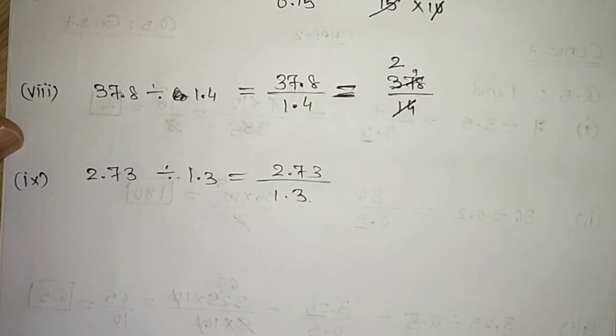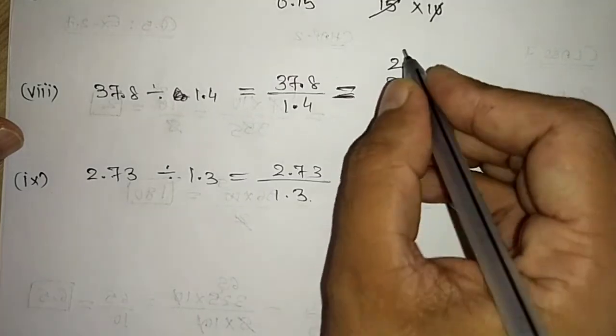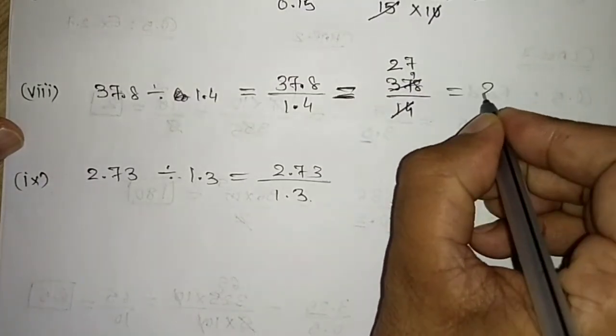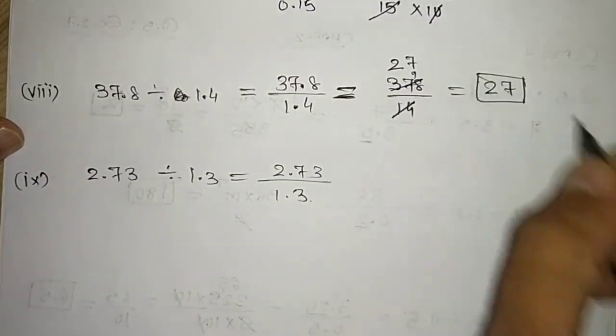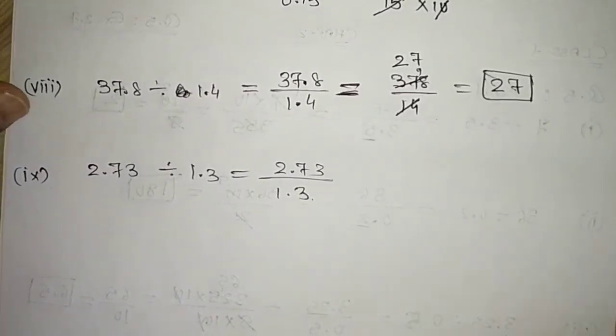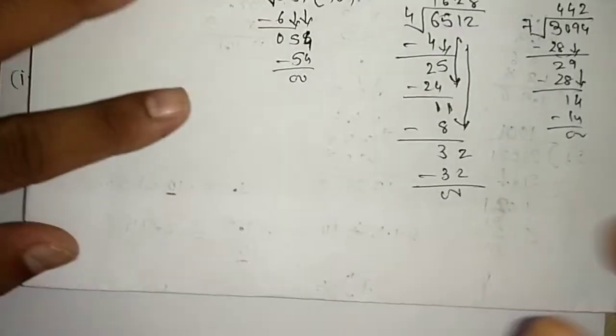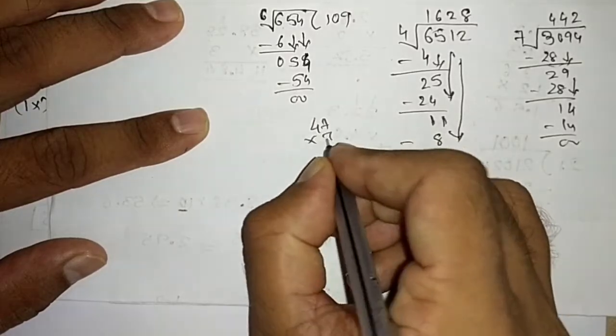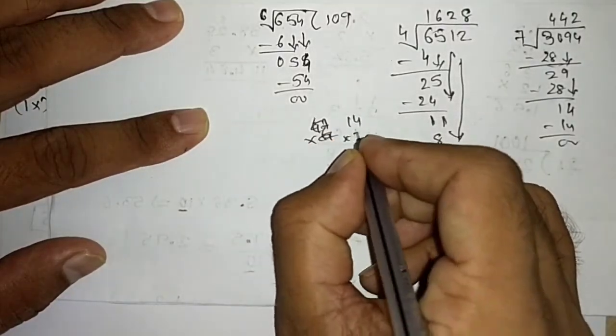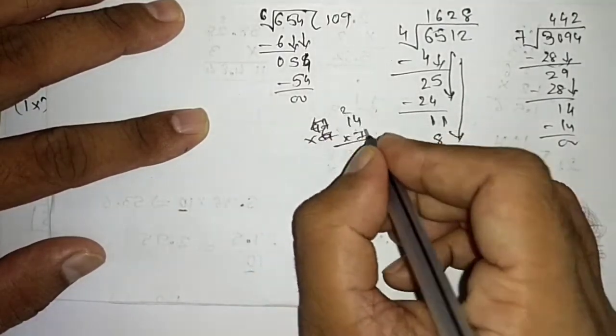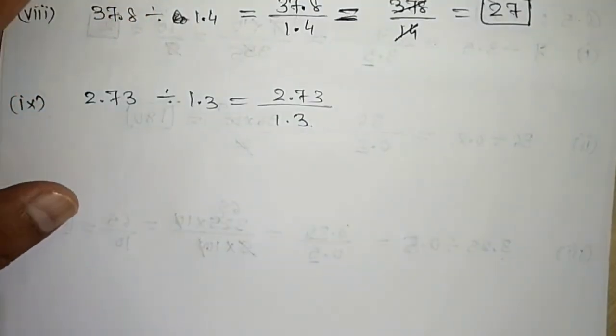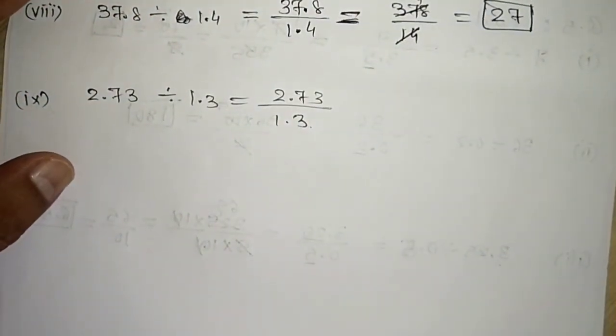Now 14 6s are 84, 14 7s are 98. So our answer will be 27. Let me check if I am not wrong. 14 7s are 98, 7 4s are 28, 7 1s are 7. Yes, so our answer is 27.